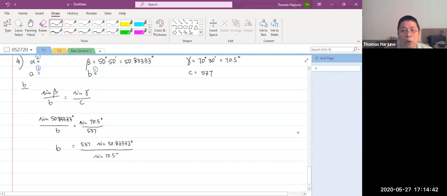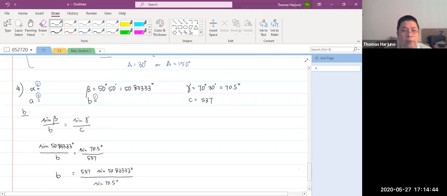Now, before I go on, I would like to make this observation before I compute. Notice that angle 70 degrees something here is larger than 50 degrees something. So we expect this C, 537, is larger than B. In other words, the side B that we get later on should be less than 537.